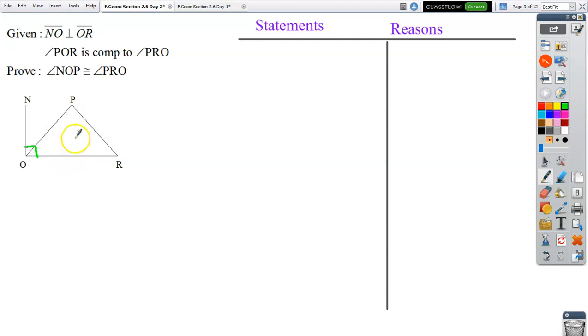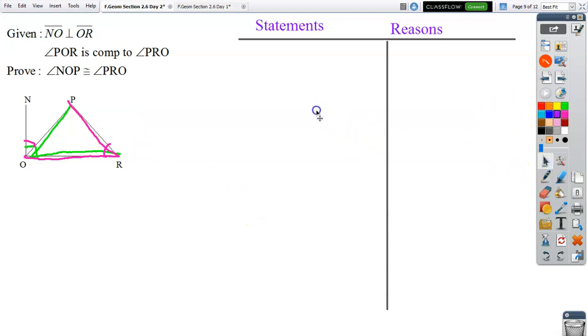We're also told that POR, this angle, is complementary to PRO, which is this angle. If I could draw PRO. And we're trying to say that NOP, this one, is congruent to PRO, that one.